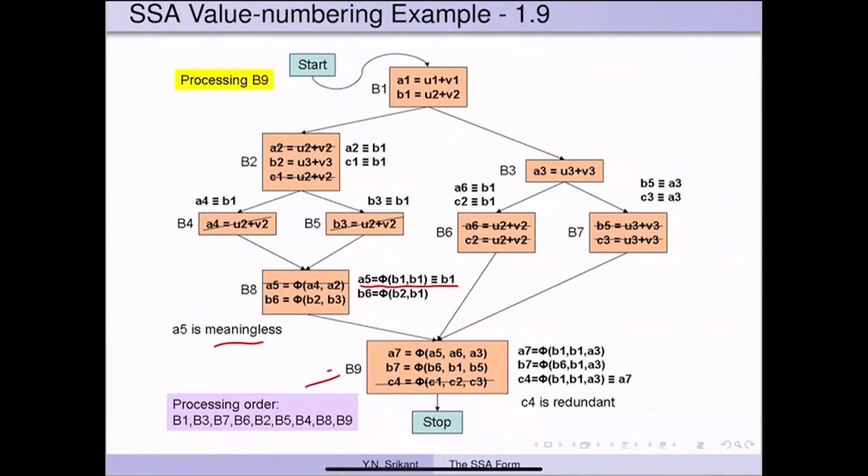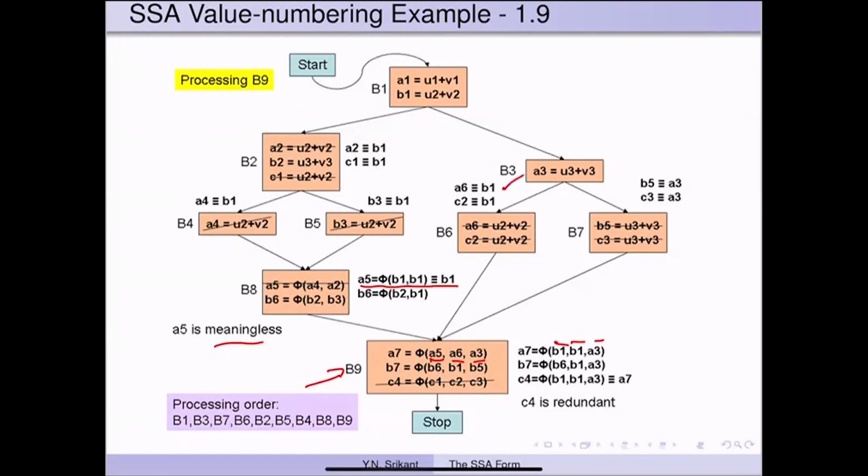We come to B9, which is the last block to process. So A5, A6 and A3, they become B1, B1 and A3. A5 is equivalent to B1, and then A6 is equivalent to B1, whereas A3 remains as A3.